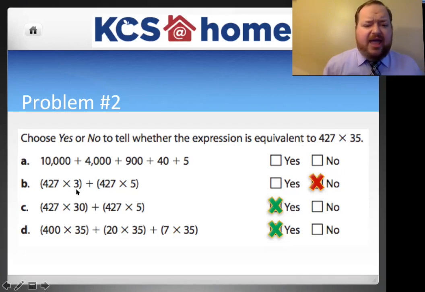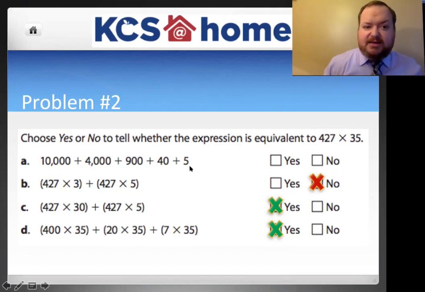Now thinking about letter A, again, it looks very different from B, C, and D. You know that C and D are yes, but in letter A there's no parentheses, so I'm not thinking distributive property anymore. But I do see that we're adding all those numbers together, and there's one number for each place value. I have something in the 10,000s place, the thousands place, the hundreds, the tens, and the ones.